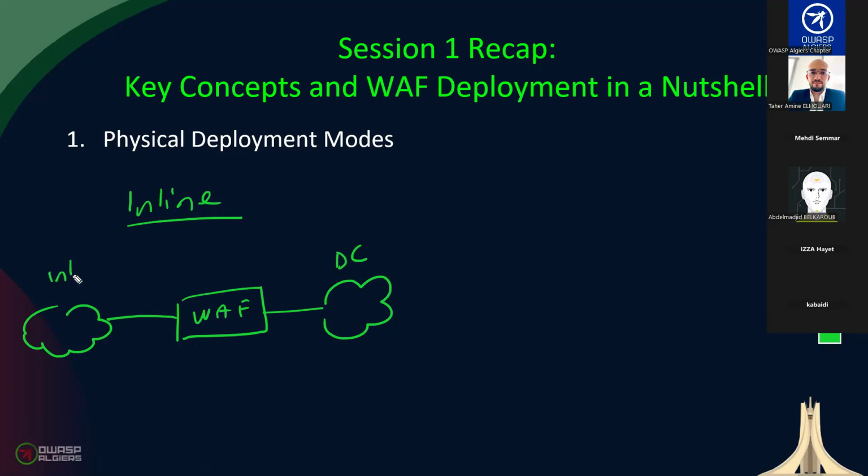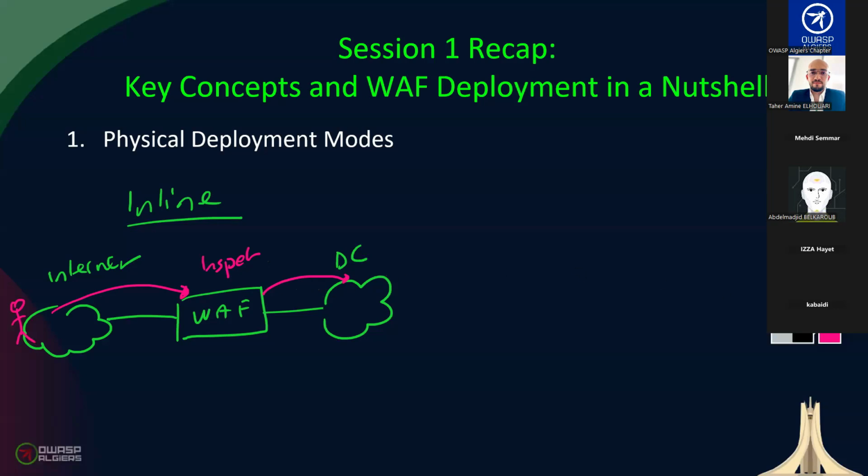Now, the internet means the network hosting all the application clients. The goal behind the inline deployment is to force the traffic physically to go to the WAF. It will be inspected. Then a new connection is established from the WAF to the backend applications located inside your data center.